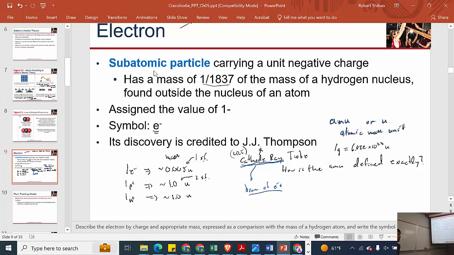And the reason we use atomic mass units is because the metric prefixes become inconvenient. You know, how many do you want to memorize? So, for example, atto is 10 to the minus what?